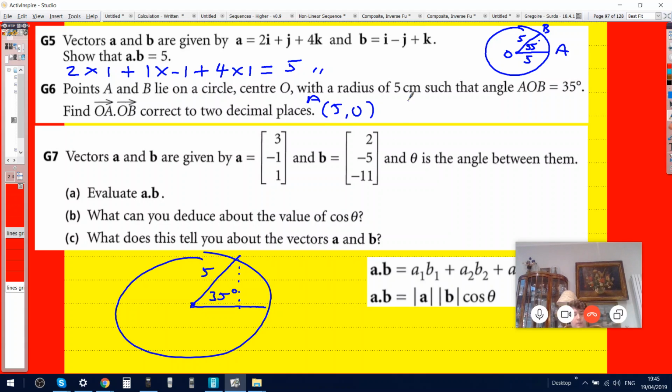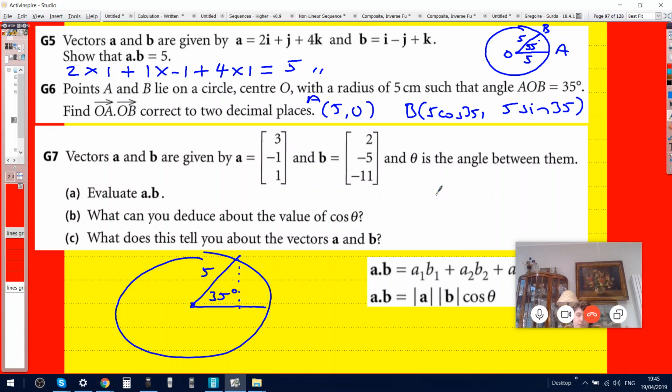It's just 5 sine 35 is its height. And the x is 5 cos 35.